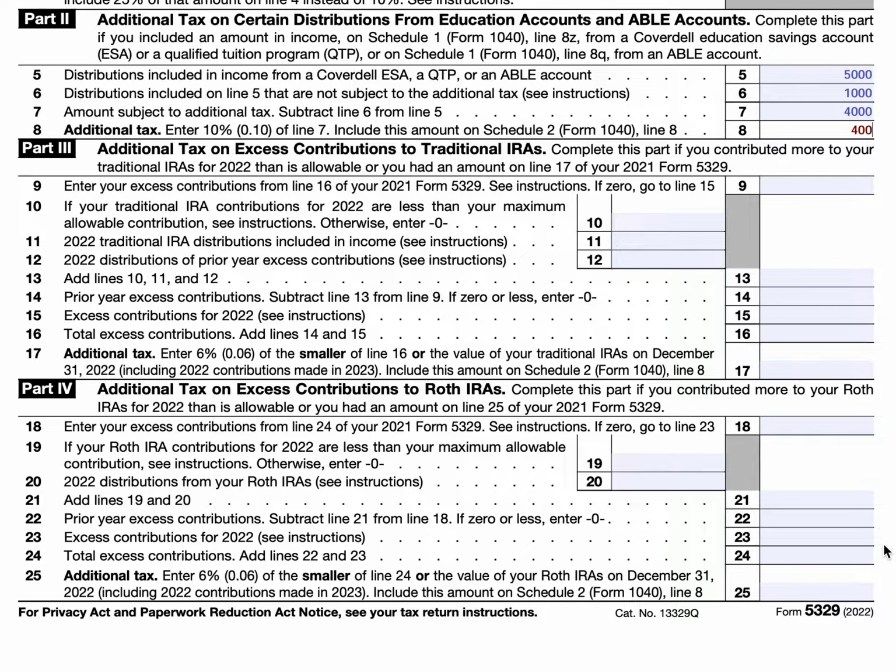In line 19, if your Roth IRA contributions are less than your maximum allowable contribution limit, then enter the difference. Your contribution limit is generally the same as the contribution limit for traditional IRAs, reduced by the amount that you actually contributed to a traditional IRA.